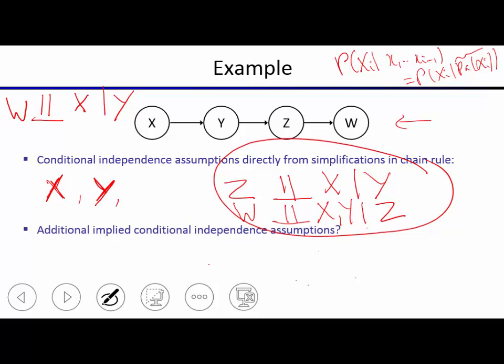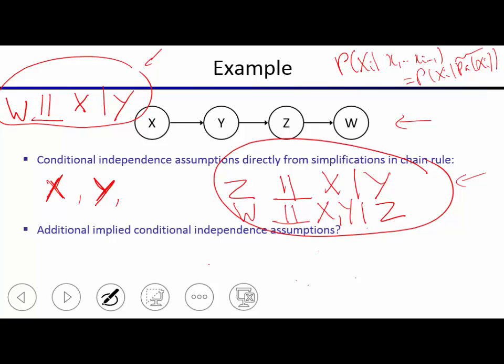So we have this thing over here. Intuitively, we think this is true. Have we proven this? No, we haven't. These ones here we know are true. That's just how we define the Bayes net. By definition of how we define the distribution of a Bayes net, we know that's the assumption we made. This one here, let's see if we can prove it. So what do we need to show?